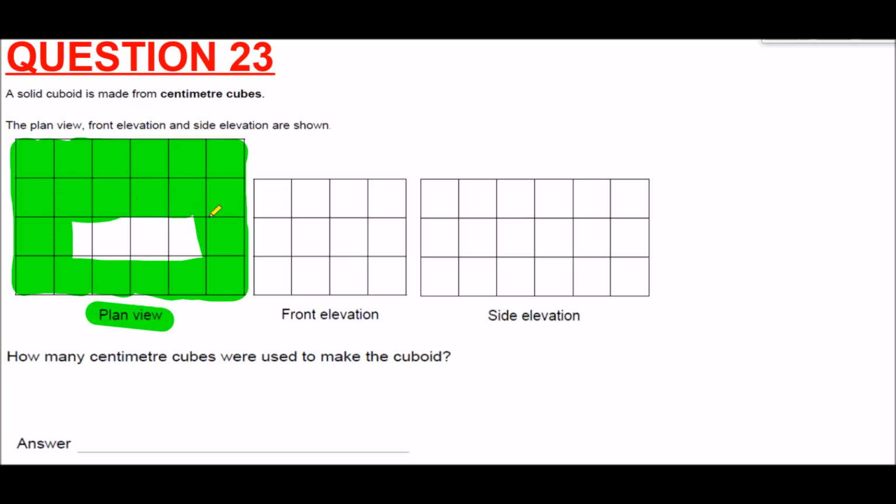After that, it says the front elevation. The front elevation just means what it looks like if you stood straight on, looking at it from the front. And the final one, the side elevation, just means what the shape would look like from the side.